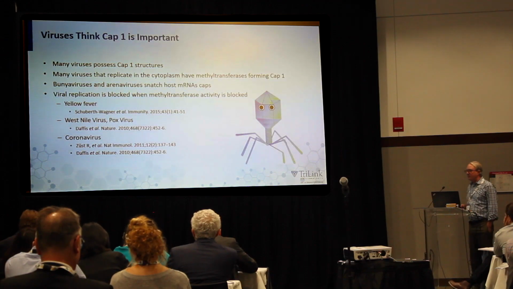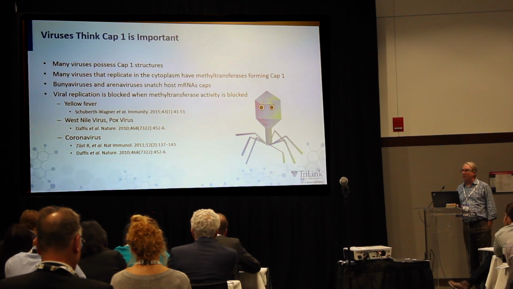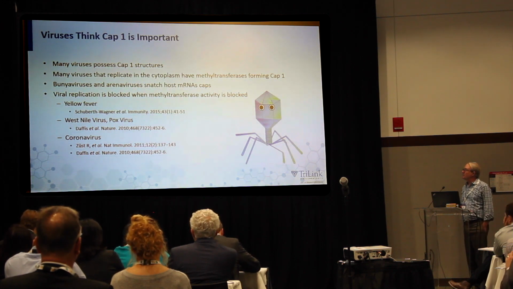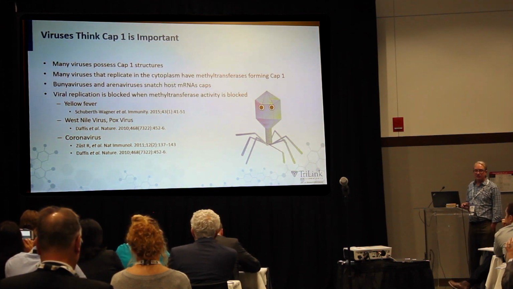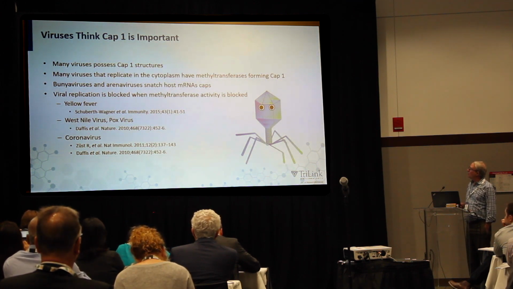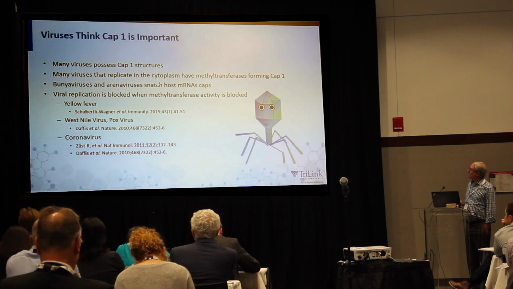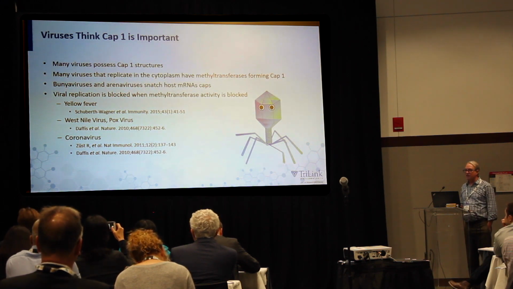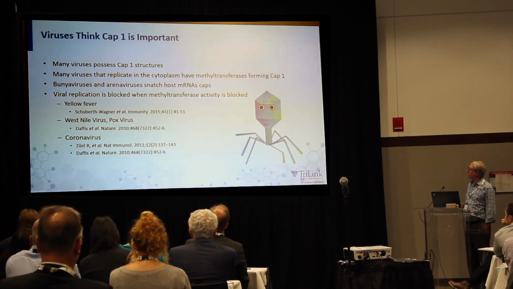All right, so viruses think that the cap is important. Many viruses possess a cap1 structure, especially cytoplasmic RNA viruses, and many viruses that replicate in the cytoplasm also encode a methyltransferase, which adds that methyl group to make the mRNA cap1.